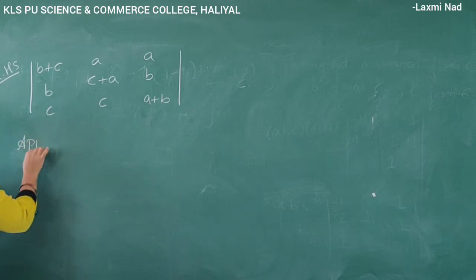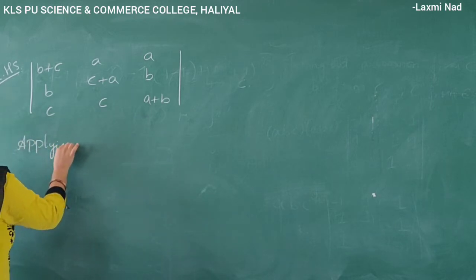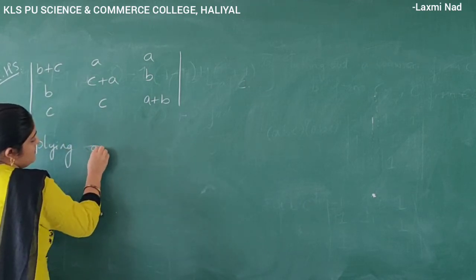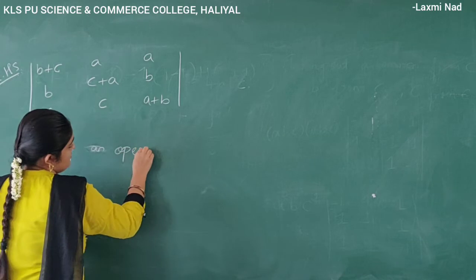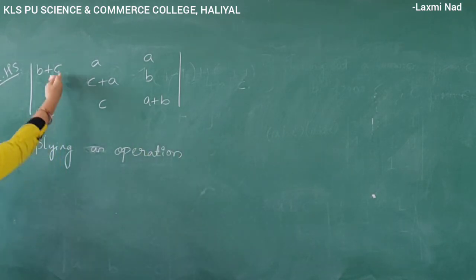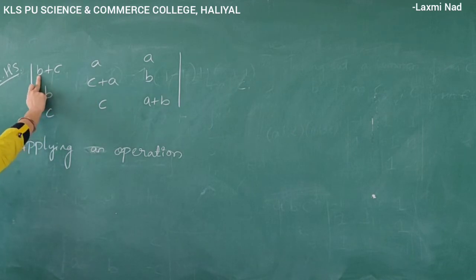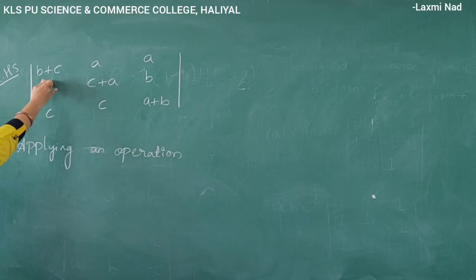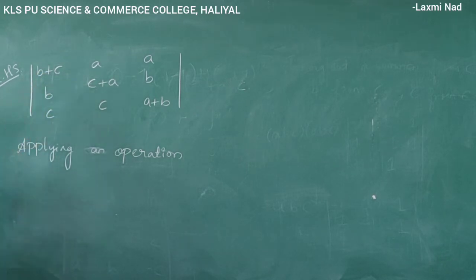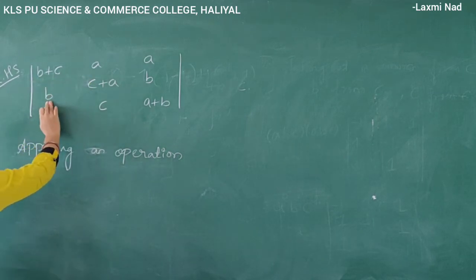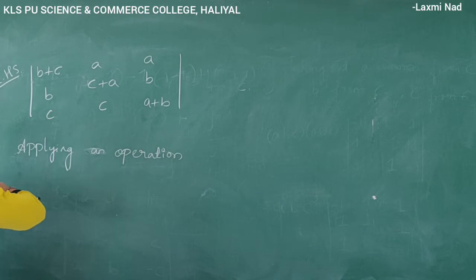Applying the operation. See here, first column: what is there? B plus C, and here B and here C. By using these elements, we can make this element 0. So B plus C is in the first row, B is in the second row, and C is in the third row.